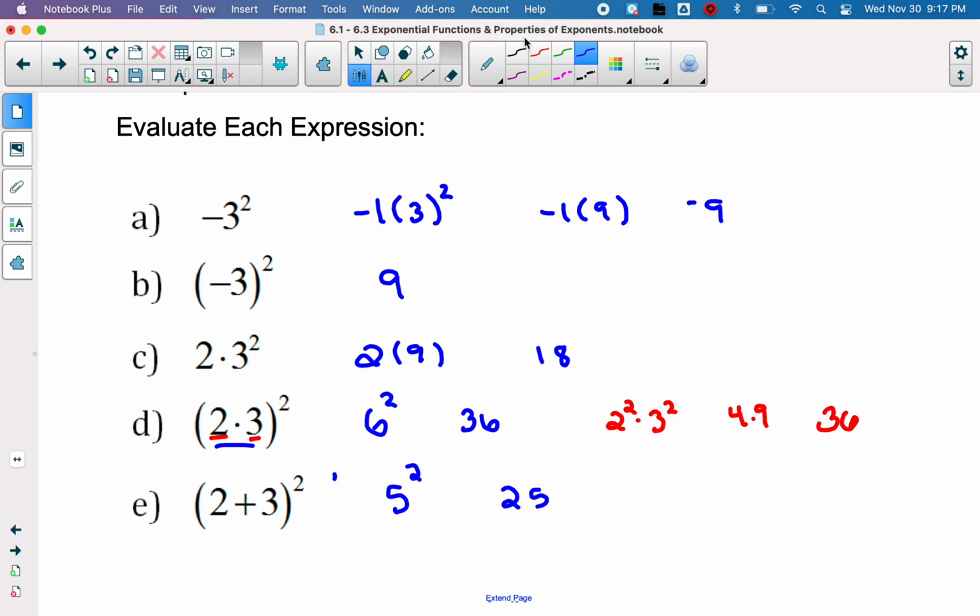Again, you cannot distribute here, so this example down below does not exist. 2 squared plus 3 squared doesn't play out correctly because that's 4 plus 9, which is 13, which is not 25. So this process does not work. Just keep that in mind.